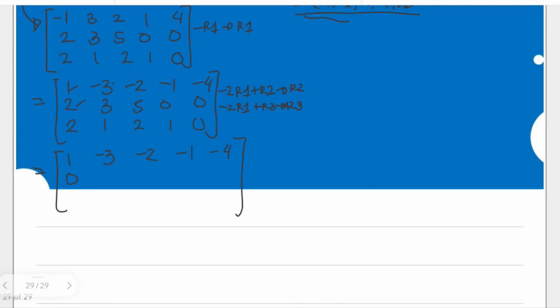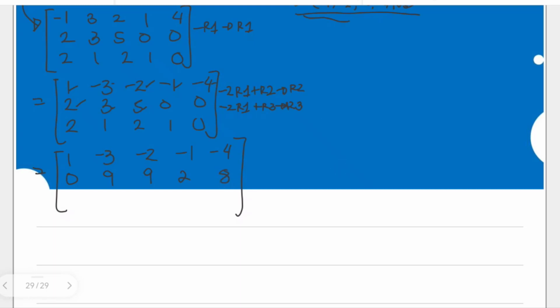Negative 2 times negative 3 is positive 6, plus 3 is positive 9. Negative 2 times negative 2 is positive 4, plus 5, you have 9 as well. Negative 2 times negative 1 is positive 2, so you have positive 2 here. Negative 2 times negative 4 is positive 8, so this is positive 8 here.